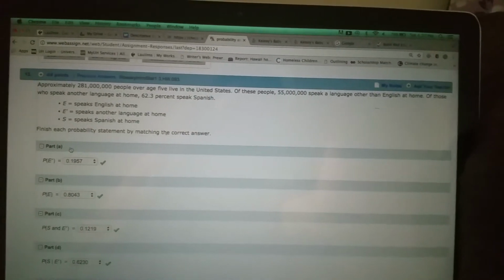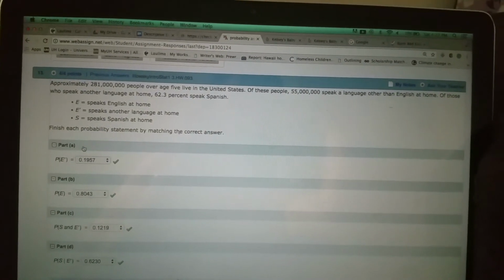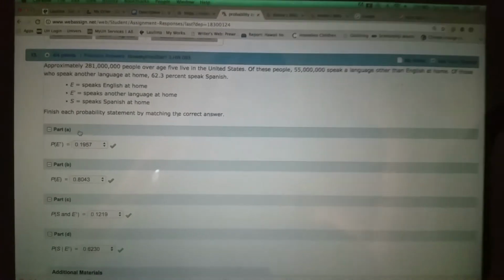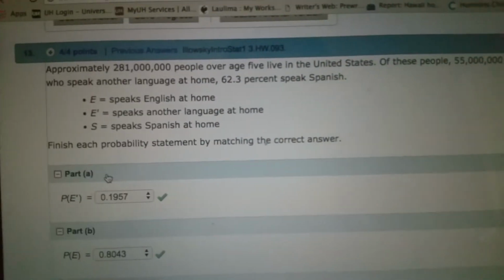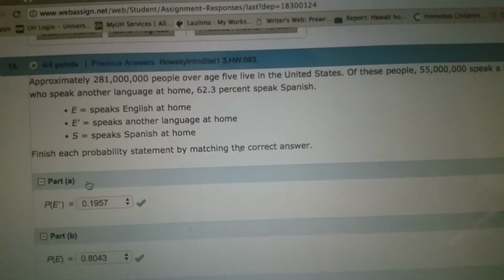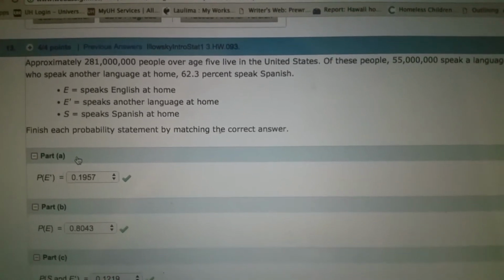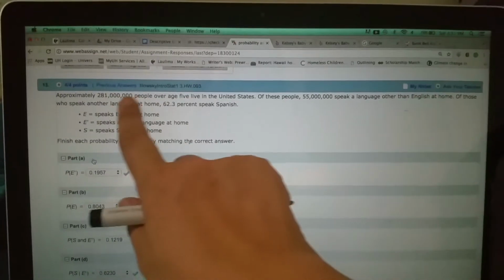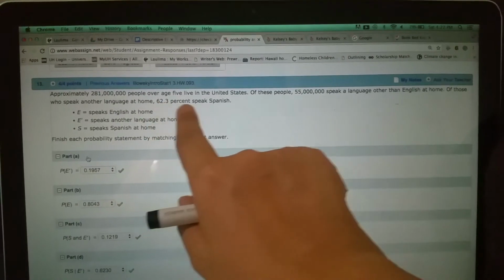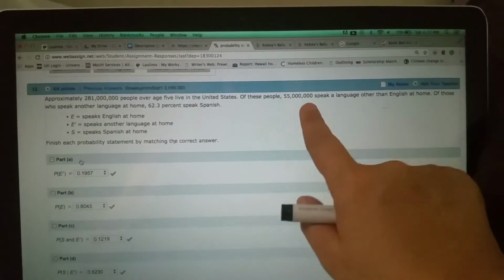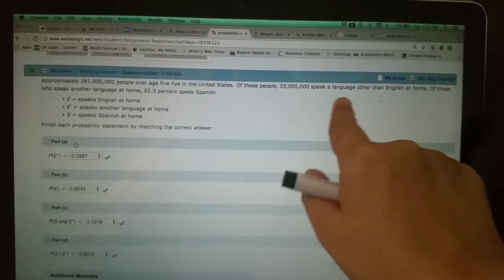Of those who speak another language at home, 62.3% speak Spanish. So, what is the probability of those who do not speak English? We know that there's 281 million people in the United States over the age of 5. We know that 55 million of those people speak a language other than English.